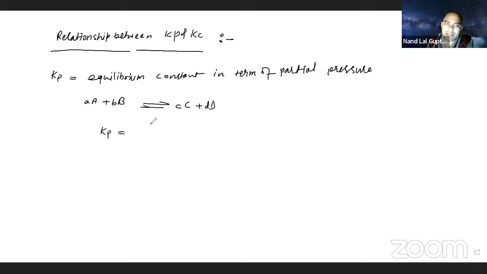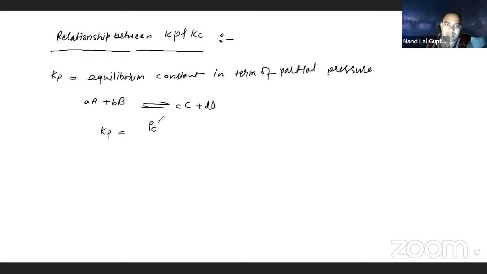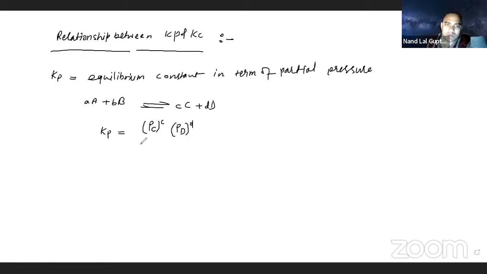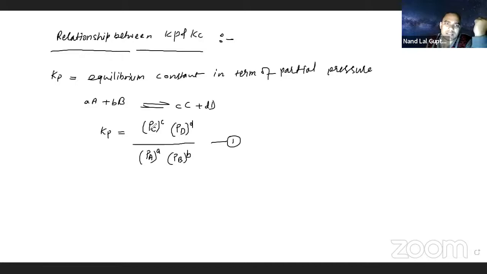The partial pressure of products: PC raised to power c, and PD raised to power d, over PA raised to power a and PB raised to power b. This is equation 1, Kp for the gas, where P is the partial pressure.